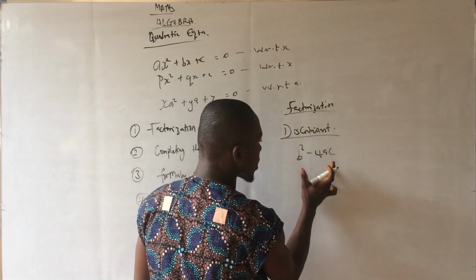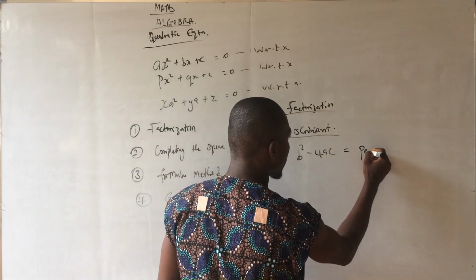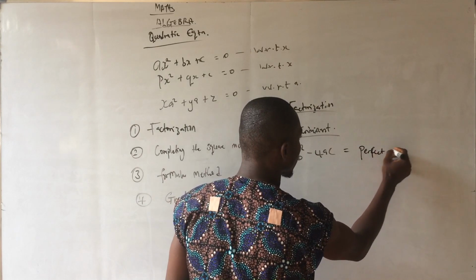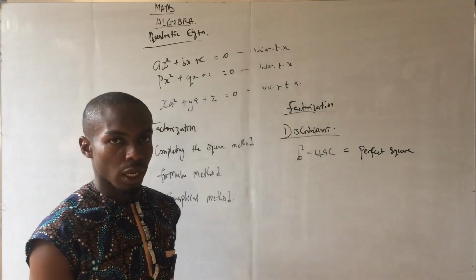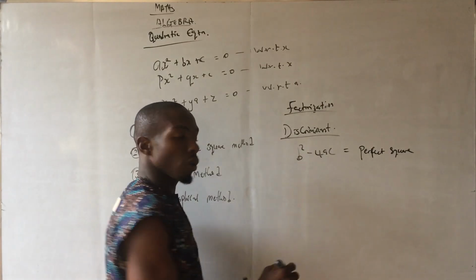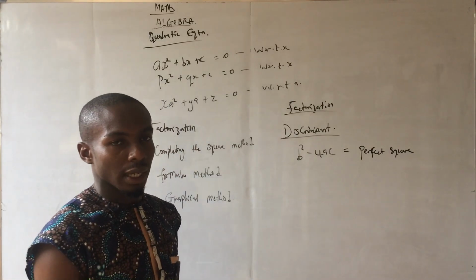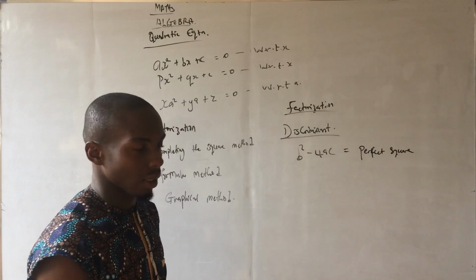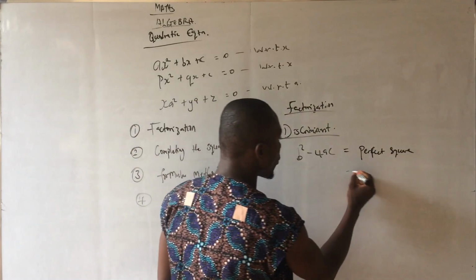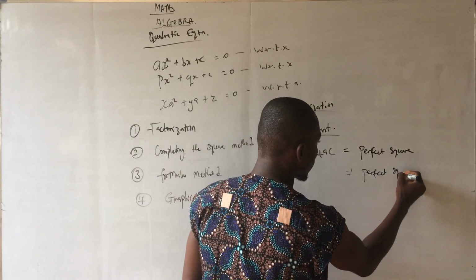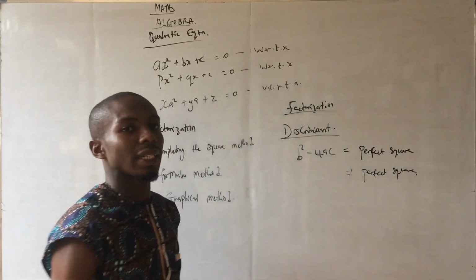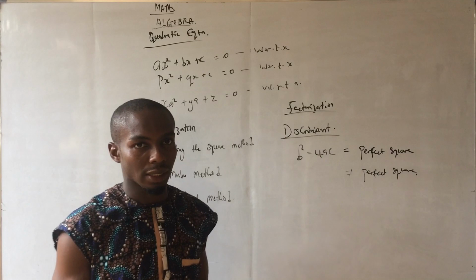If the discriminant equals a perfect square, we know that the equation can be factorized. But if it does not equal a perfect square, we know that the equation cannot be factorized.